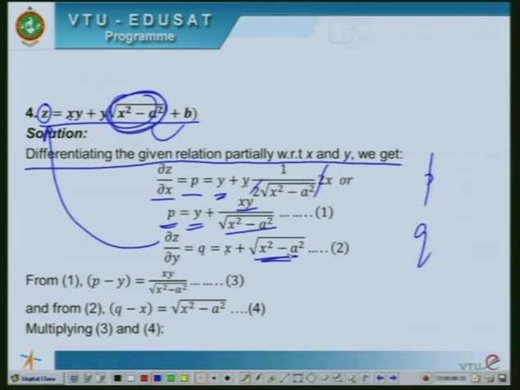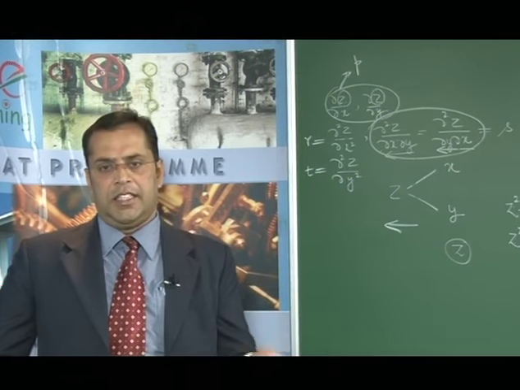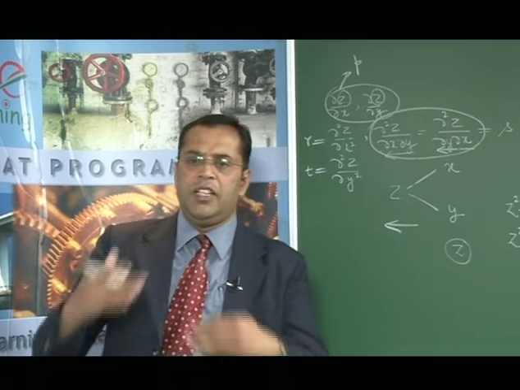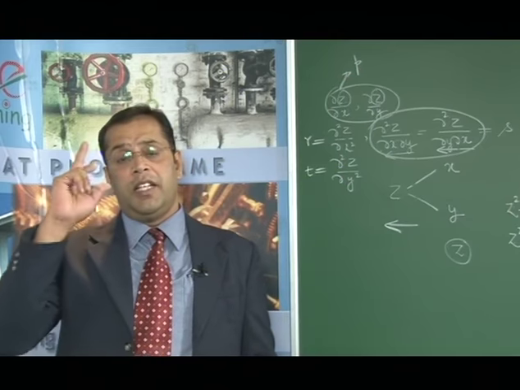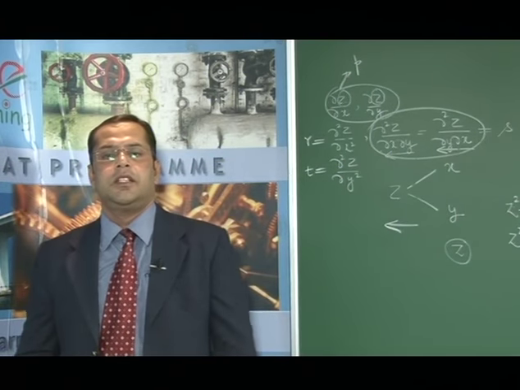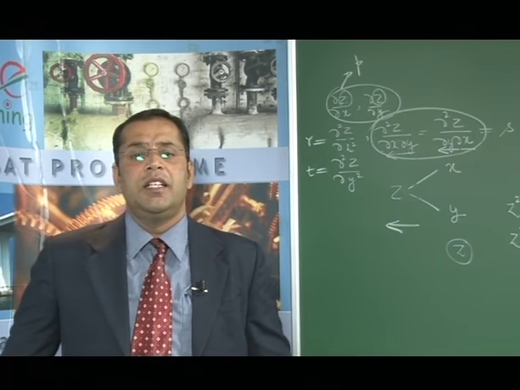If you notice, friends, once you obtained p and q, the constant b has vanished, correct. If the constant b vanishes during the differentiation itself, then for the final PDE you do not require the given expression.